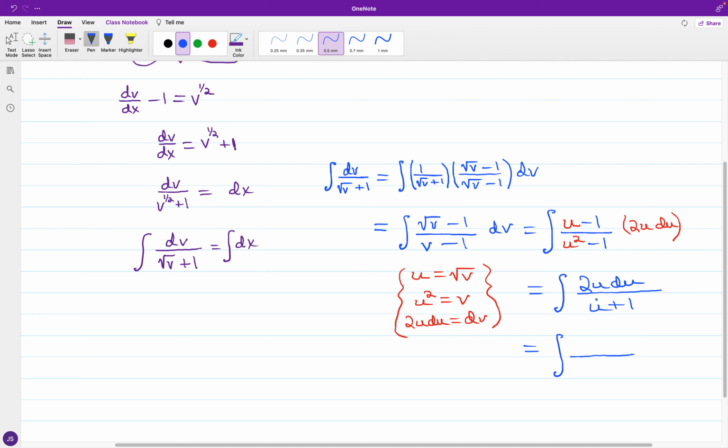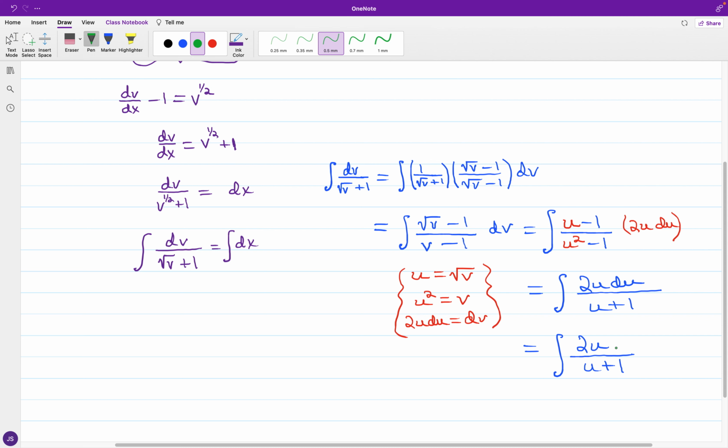Now we have 2u over u plus 1, and the way that you could look at this is that for the layout here, you have 2u, you're just a couple of units short of being double u plus 1.